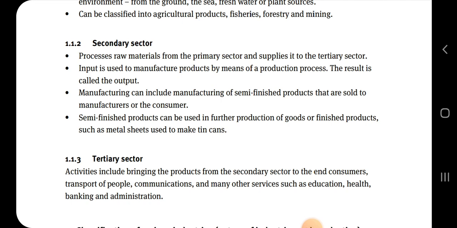The result is called output. So we put in something and we take out something. So manufacturing can include manufacturing of semi-finished products that are sold to manufacturers or to consumers. And then semi-finished products can be used in future production of goods or finished products, such as metal sheets used to make tin cans, okay.